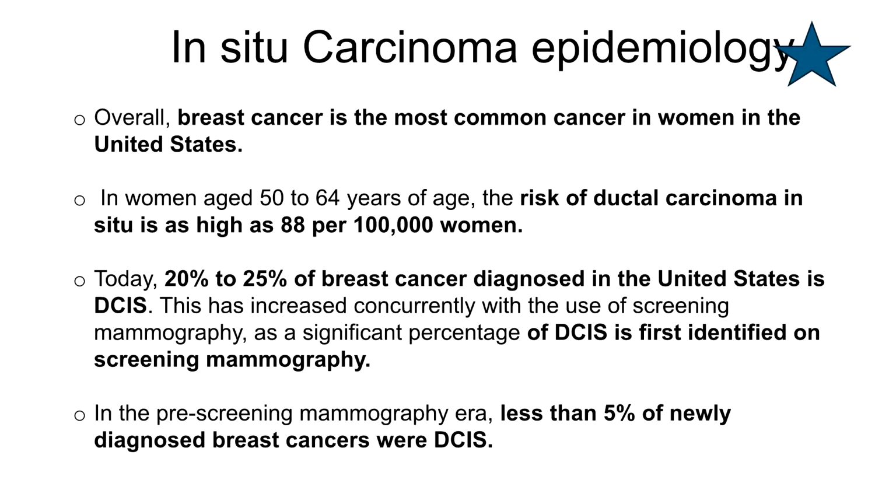Today, 20 to 25 percent of breast cancer diagnosed in the United States is ductal carcinoma in situ. And this has increased concurrently with the use of screening mammography. As a significant percentage, the ductal carcinoma in situ is first identified by mammography.